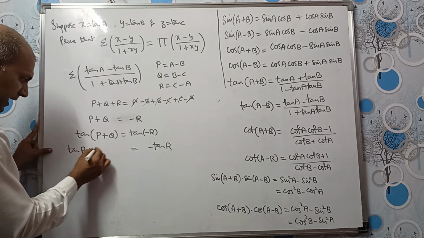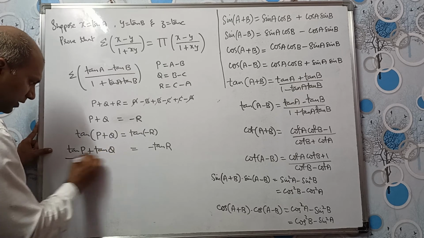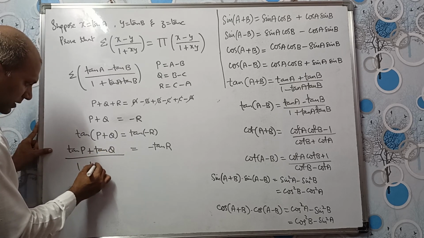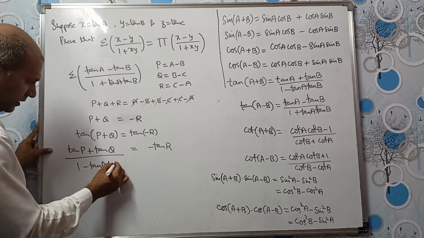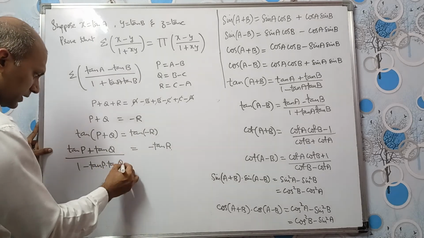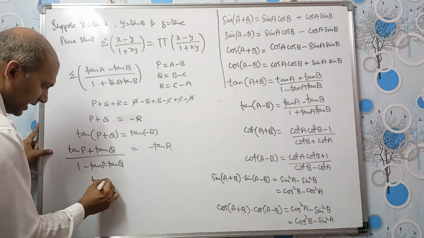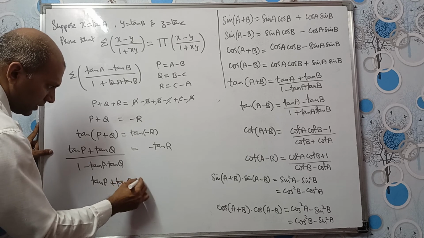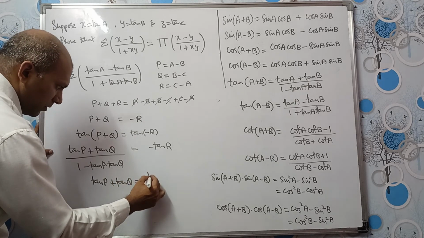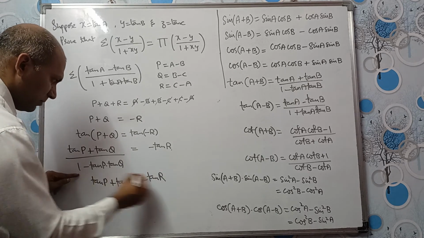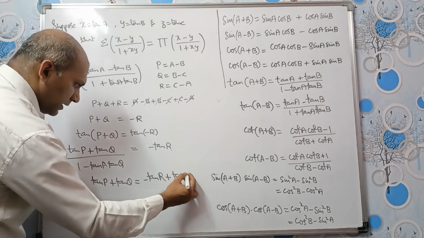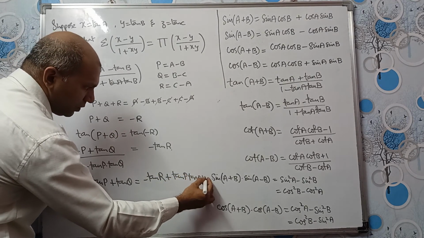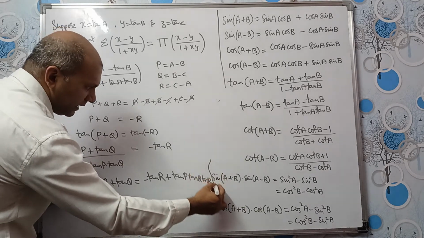So this will be (tan P plus tan Q) divided by (1 minus tan P tan Q). If you send this on the other side, we will have tan P plus tan Q is equal to minus tan R multiplied by (1 minus tan P tan Q), so minus tan R plus tan P tan Q tan R will be left here, right?